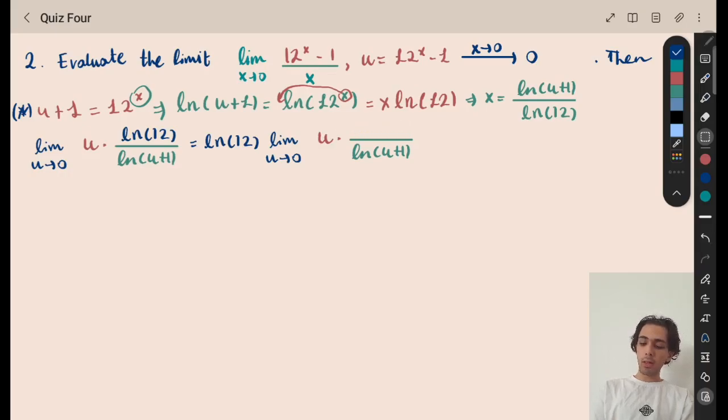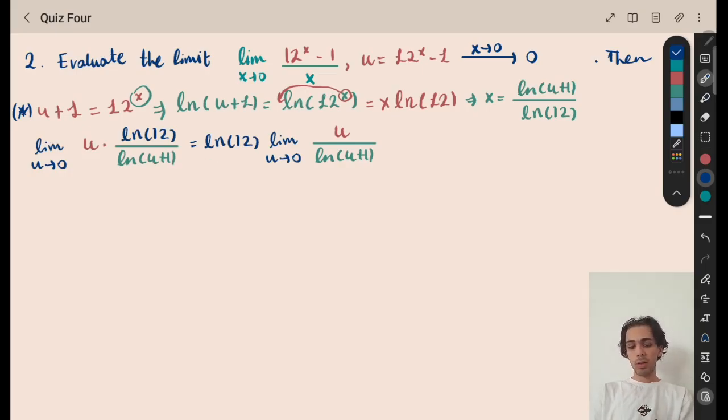And this constant does not depend on the limit quantity, right? So no matter if u goes to 0, if u goes to planet Mars, this will still remain as ln of 12. But if u goes to planet Mars, then this expression might change. And that's the key difference.